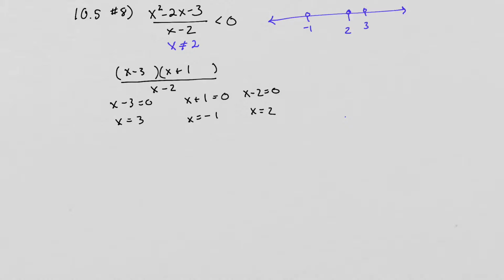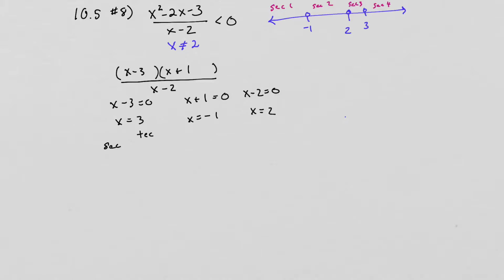That creates 3 sections of number line, actually more than 3. Section 1, section 2, section 3, section 4. 4 sections of number line. And each section of number line has numbers that make the whole inequality true or make the whole inequality false. So we just have to check each section. I'll make a little chart to keep track of the sections.